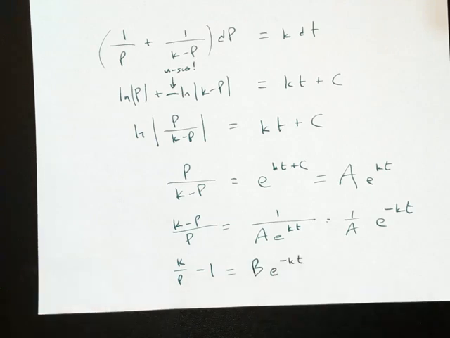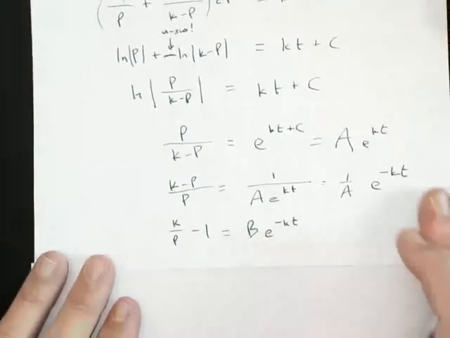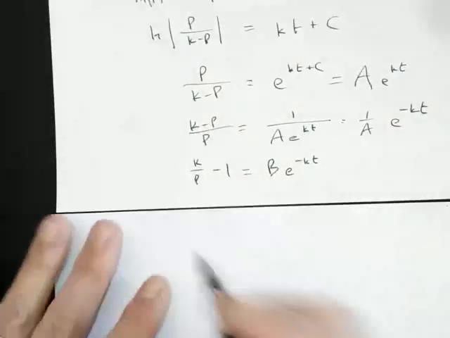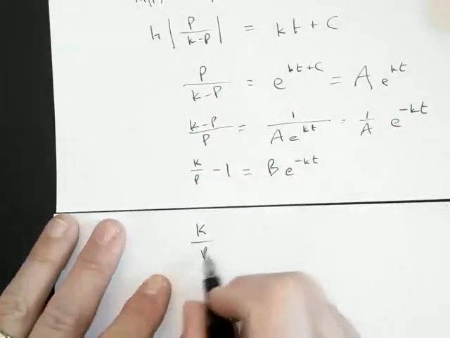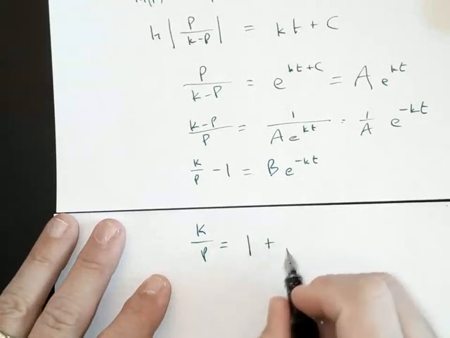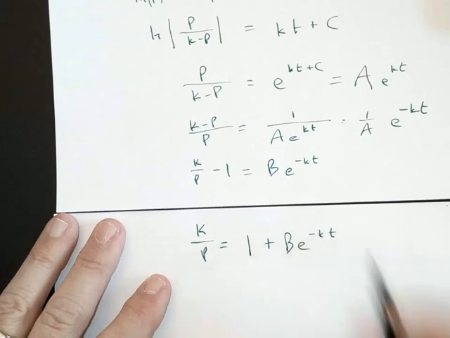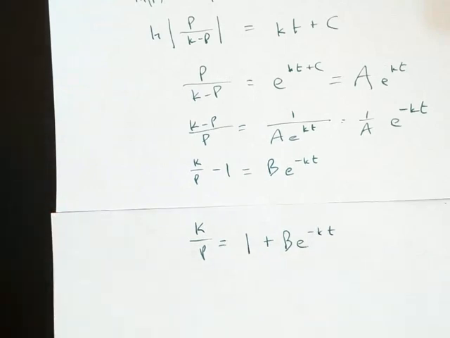I'm getting warmer. My goal is to get p all alone. I move the 1 to the other side. And now I flip it again. P over k equals 1 over 1 plus b e to the minus kt.